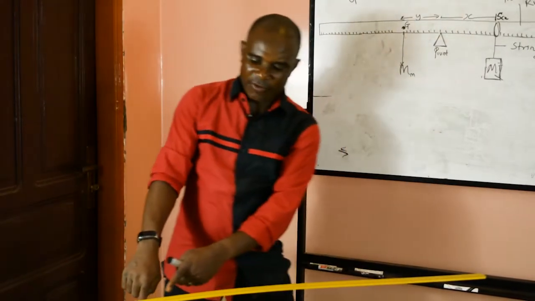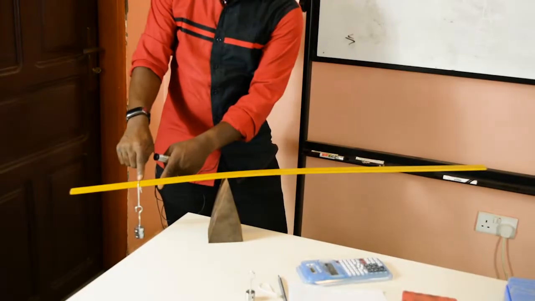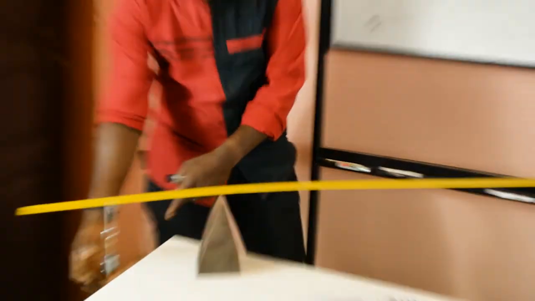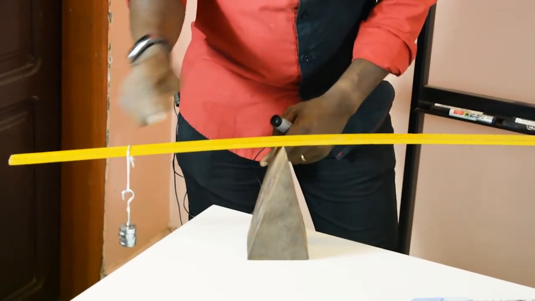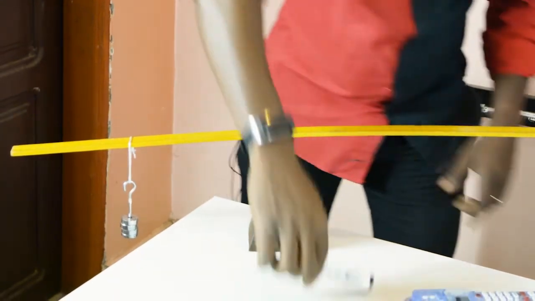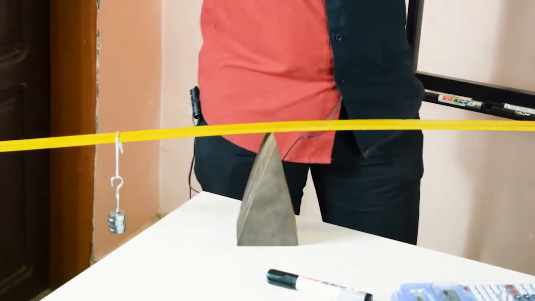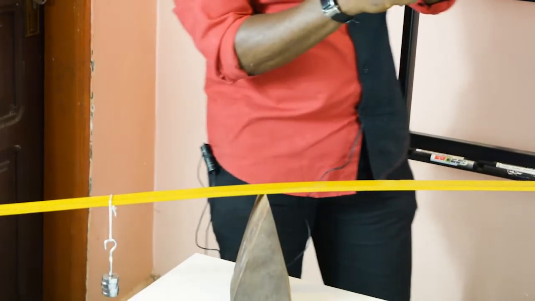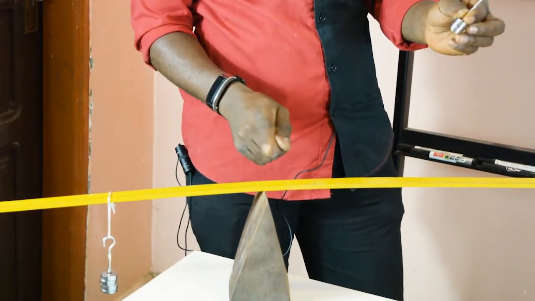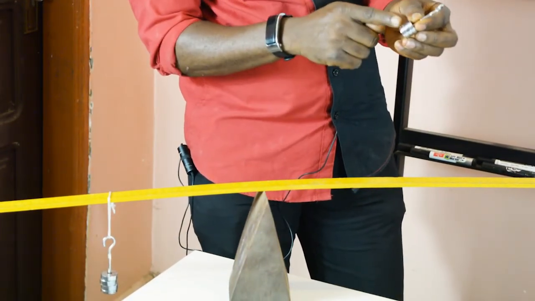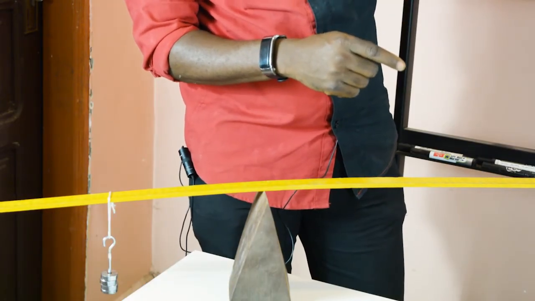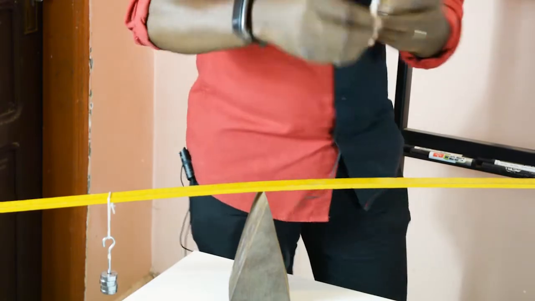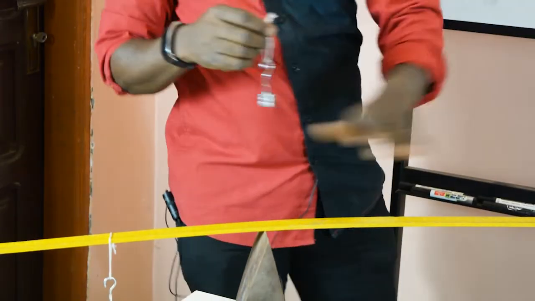So let's see, now I have my 80 gram mass here and I have the 15. So I'm going to fix another mass. Now let's see, I want to know at what pivot position this will balance, this is 10, 10, 10, this is a 30 gram mass, when I suspend it on the reverse side. I'm done with the first experiments.